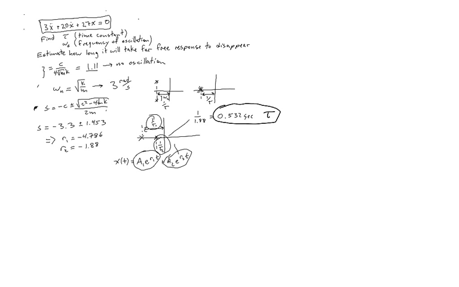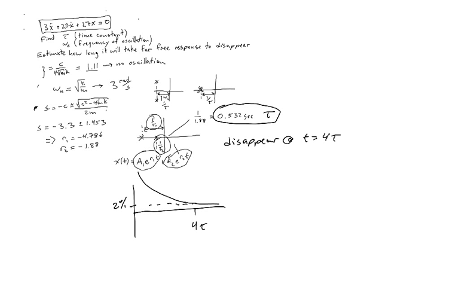And the question is, how long is it going to take for the free response to disappear? For this type of problem, consider disappearance. I'm going to write this down. Disappear at time is equal to about 4 tau, because that's when the exponential decay kind of goes, at 4 tau, you end up with about 2% of your original amplitude.